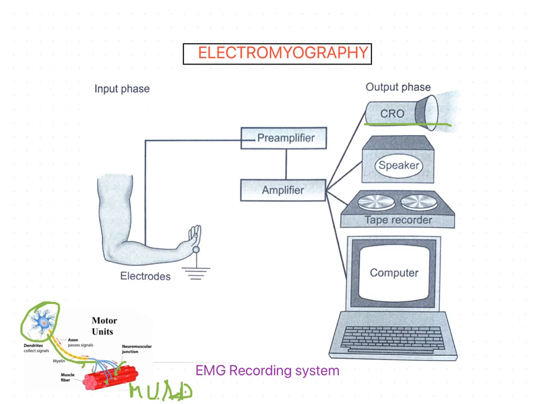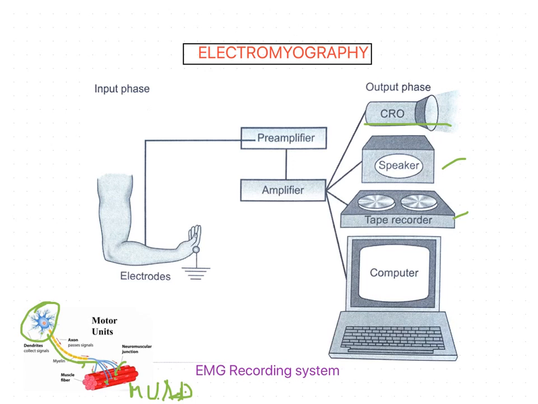The oscilloscope is connected with a loudspeaker, producing characteristic sounds, and can be recorded on a chart. So this is how these electrical impulses are obtained through EMG.